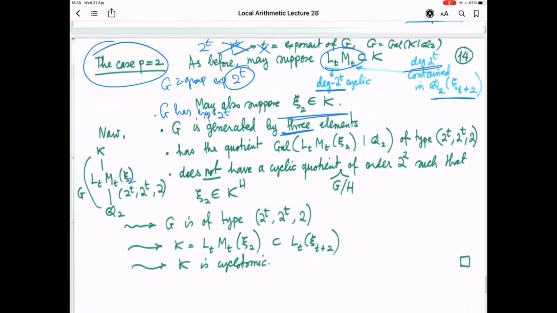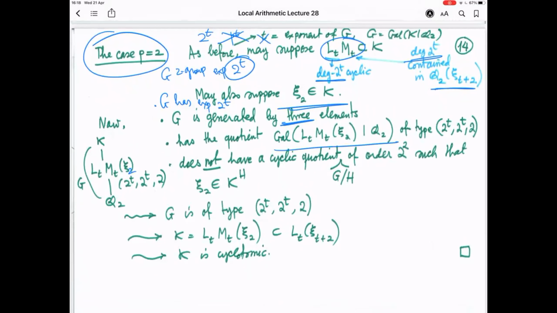It is generated by 3 elements, which is what we had proved earlier. It has a quotient which is of type 2 to the t, 2 to the t, 2.